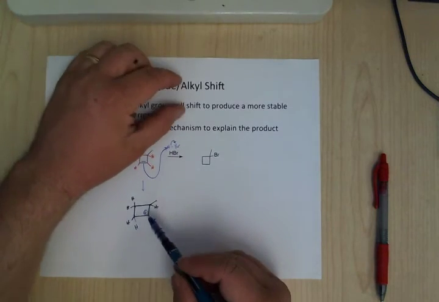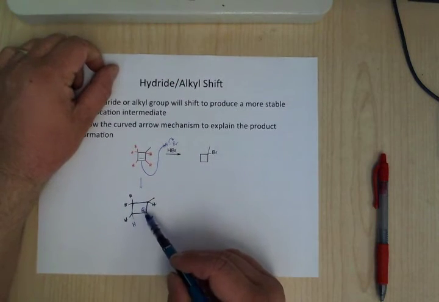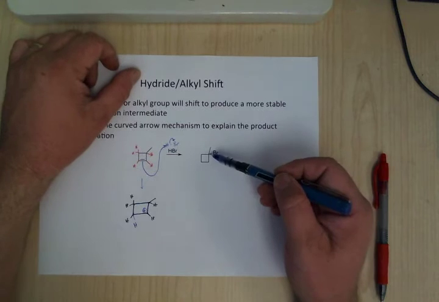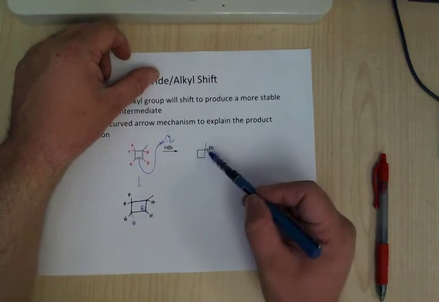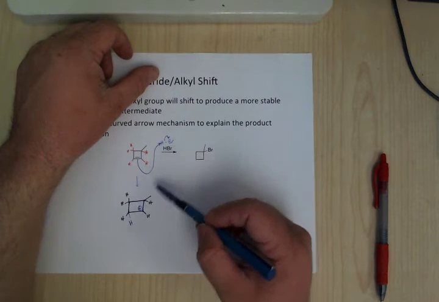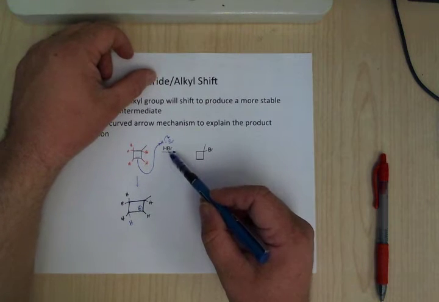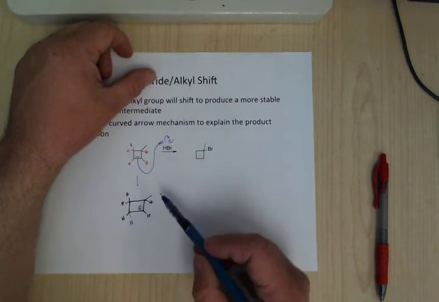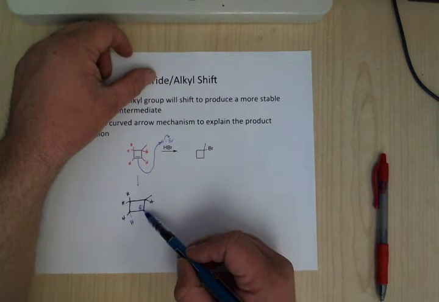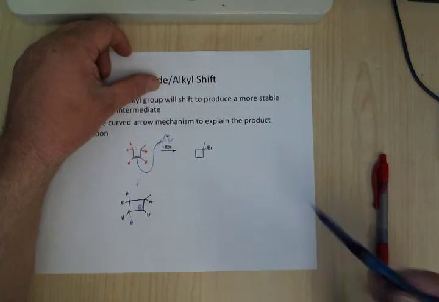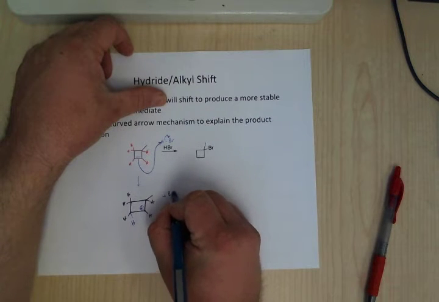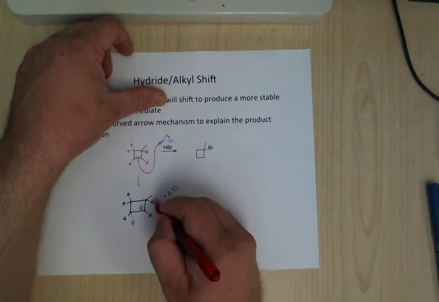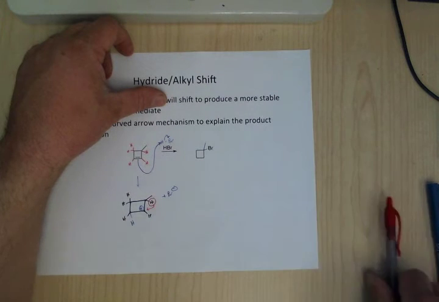Now, why did I put the hydrogen there and the positive charge there? Eventually, you're going to want that positive charge next to where your bromine or chlorine or whatever adds. So if the bromine's going to add here, you're going to want that positive charge there, because you also made plus Br minus. What happens is this hydrogen shifts over there.